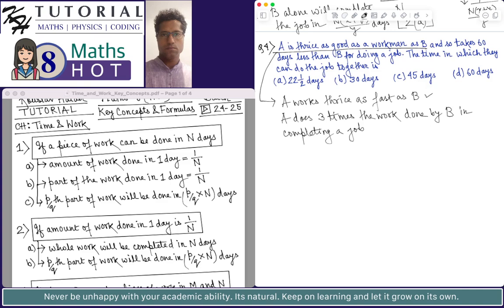Now it is also given that A takes 60 days less than B for doing a job.